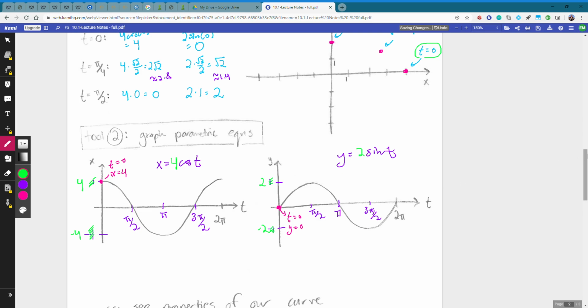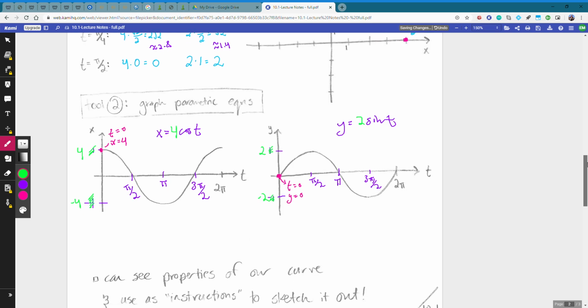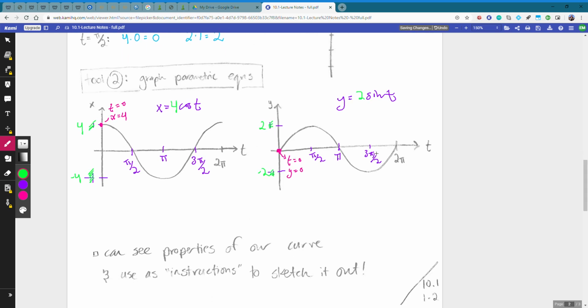And so we can use these graphs in a couple of ways. One way is that we can actually start to see properties visually of our curve that our particle traces out. So for example, over here on the left, from the graph of x, we can see that our values for x, the vertical, are always between -4 and 4.